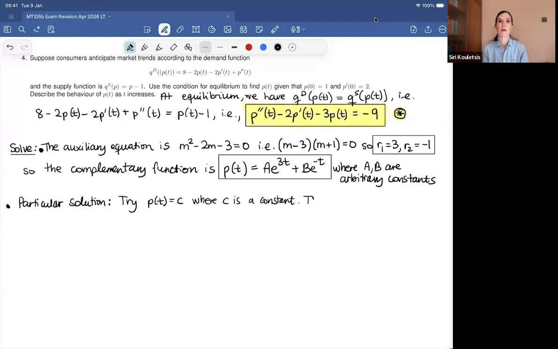Well, if P of t is c, then both the first and second derivatives are 0. And then we plug those back into the differential equation that we started with.